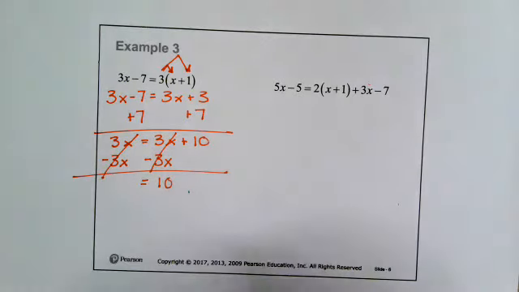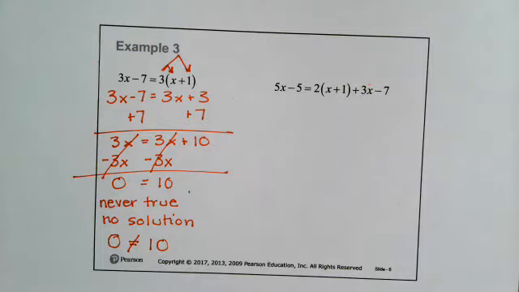I have to put a 0. 0 is 10. Is that true? This is never true. So we say no solution, and we put a line through the equal sign. 0 is not equal to 10. Okay?